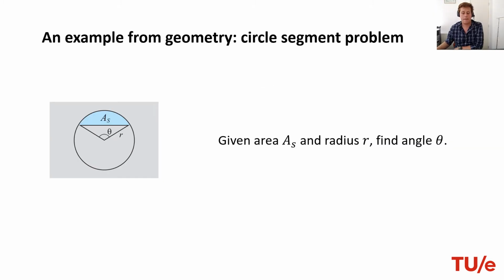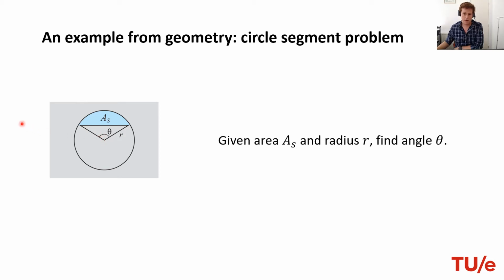Let's take a look at an example. This is an example from geometry where we have a circle with radius r, and then by defining an angle theta, we can take a look at this circle segment and at what the area of this circle segment, as defined by this angle theta, would be.